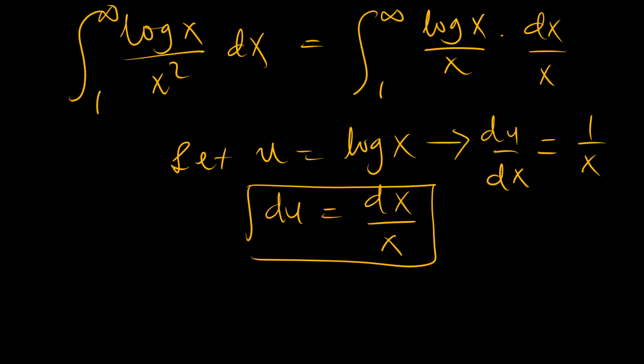And then our limits: when x is 1, natural logarithm of 1 is 0. As x tends to infinity, u also tends to infinity.